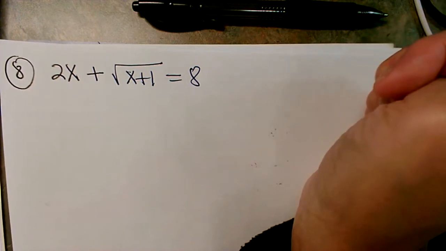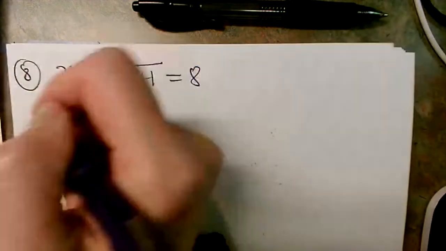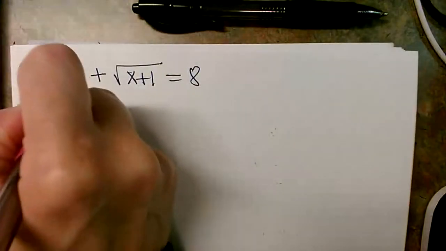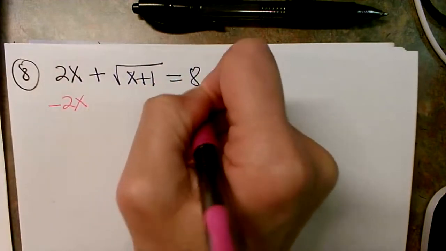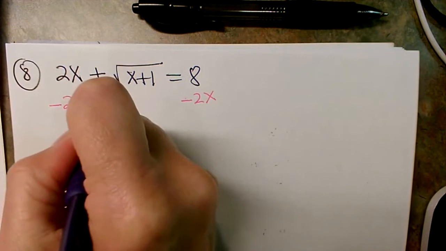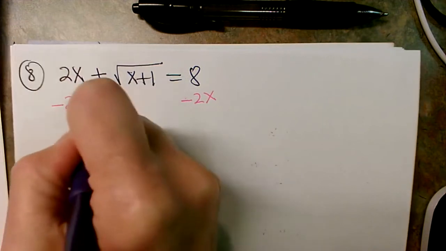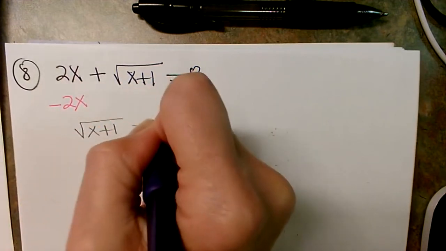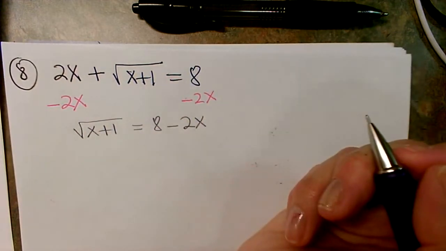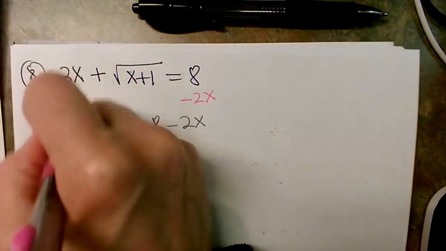So let me write it down again. What we could do right away is isolate, right, the square root. So we have the square root of x plus 1 equals to 8 minus 2x. Now we're going to square.